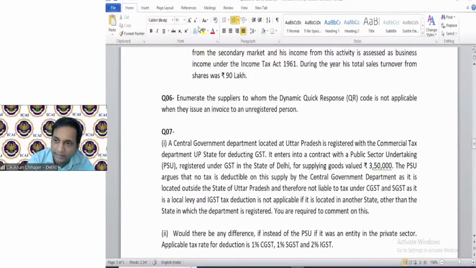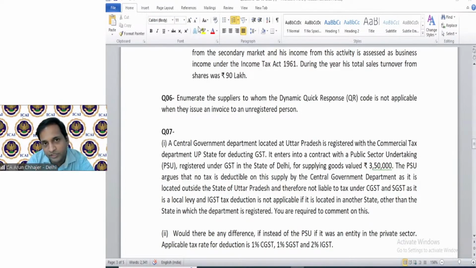It is not applicable for certain categories of entities or businesses like banking company, financial institution, NBFC. Second, GTA, goods transport agencies. Third is transportation of passengers. See, both transportation are covered: transportation of goods and transportation of passengers.